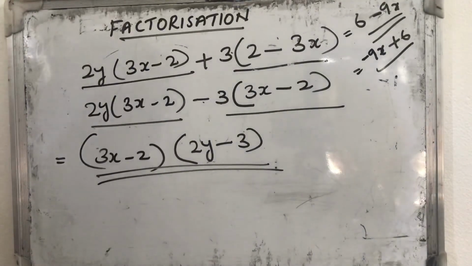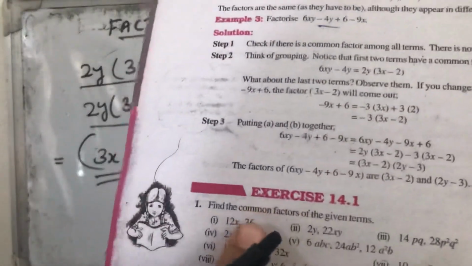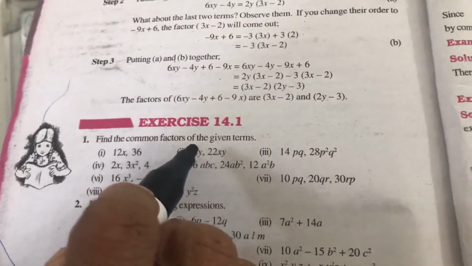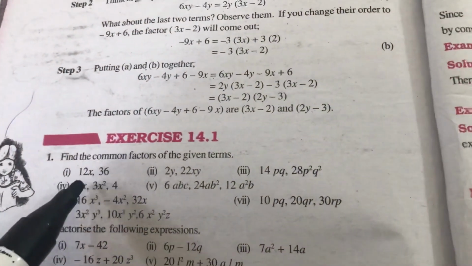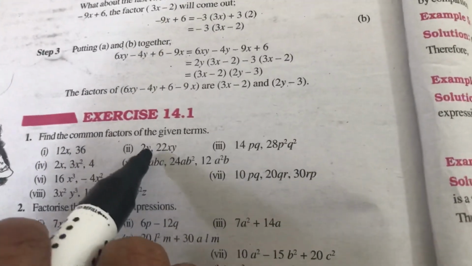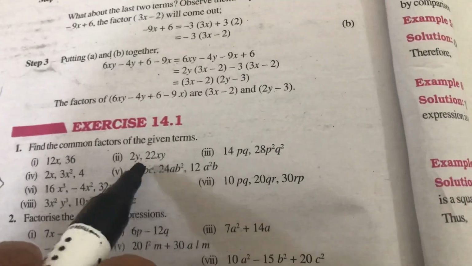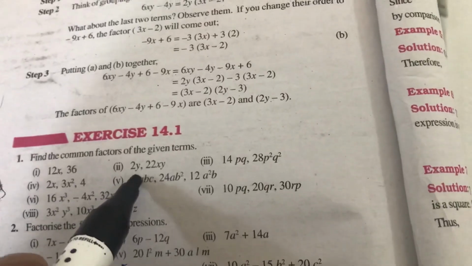Now some other questions we can do next day. Before that, you do these questions as homework. It is very easy. Find the common factors of the given terms 12x and 36, which is common in both. You can find 12 is common, just like in 2y and 22xy, 2 is common and y is also common, so 2y is common.